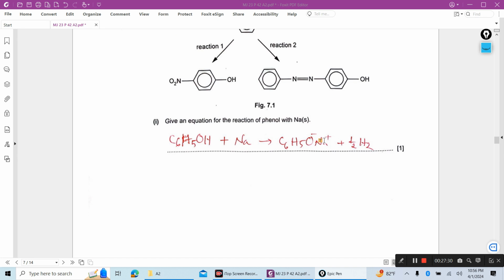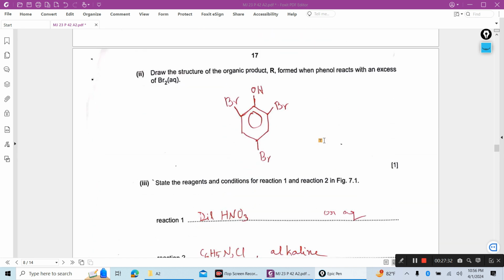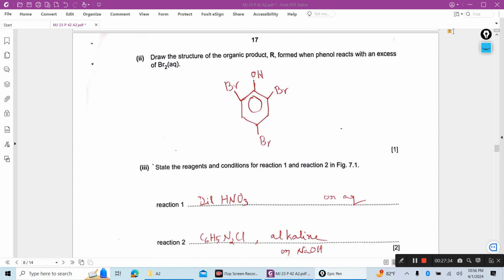Next, you see number 2, draw the structure of the organic product R formed when phenol reacts with excess bromine. You know the phenol OH group is an electron donating group. So phenol reacts with bromine to form 2,4,6-tribromophenol. This is phenol.